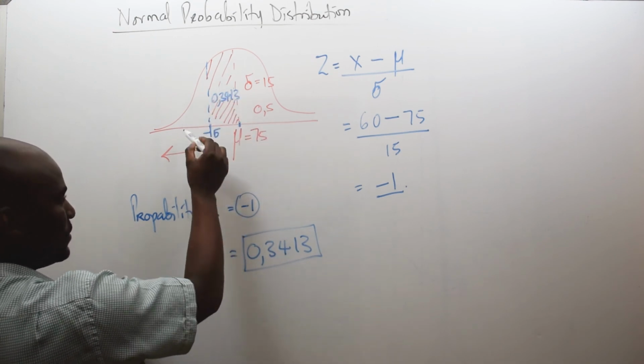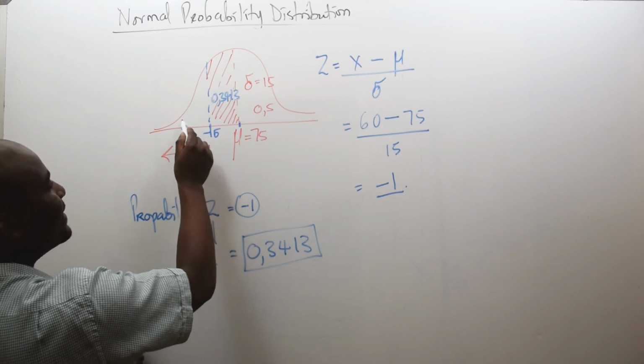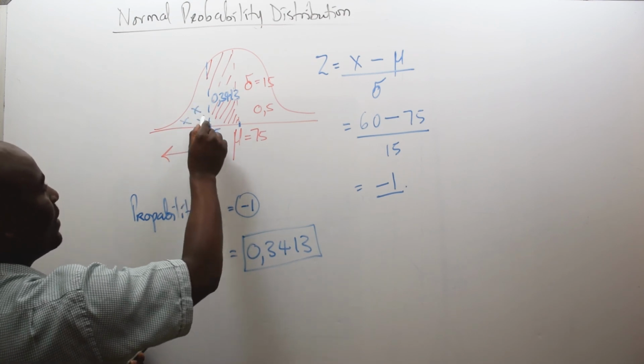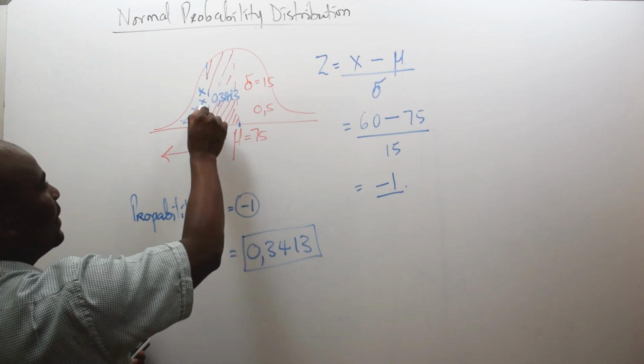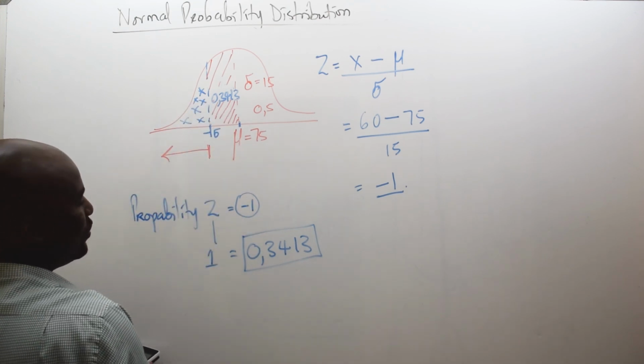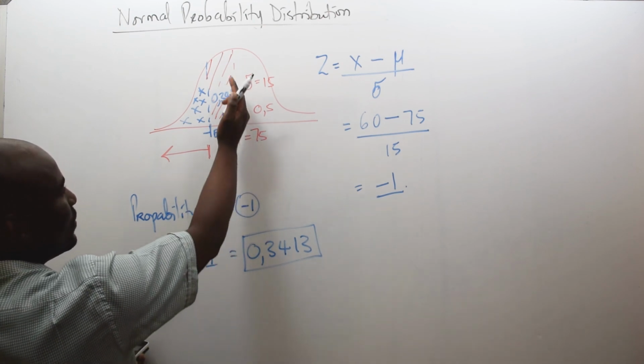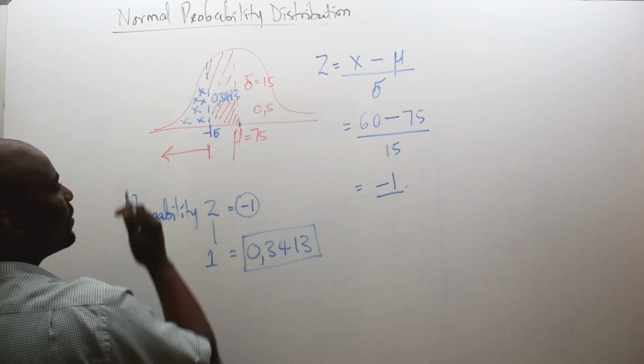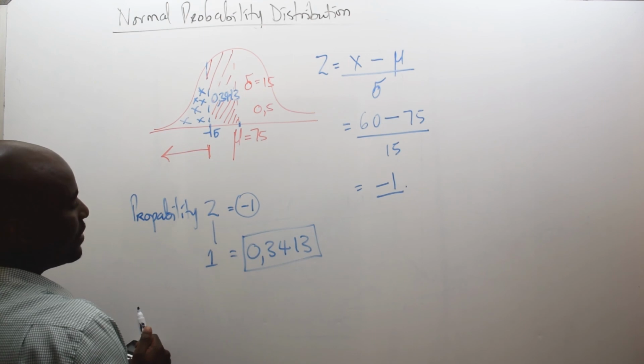They said less, so we are interested in this area here, less than an hour. So what we can do is say, we know that this is 0.5, take away the 0.3413.